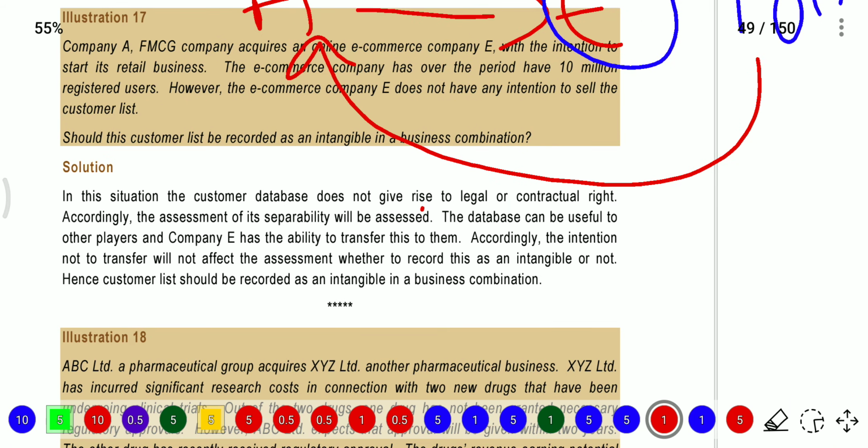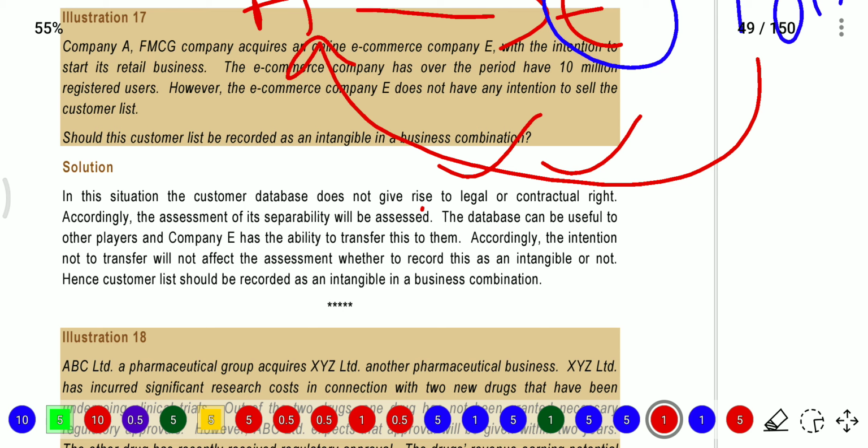Firstly, in this situation, the customer database does not give rise to a legal or contractual right. So here the company is not providing any legal or contractual right to get that customer database. Accordingly, its separability will be assessed.